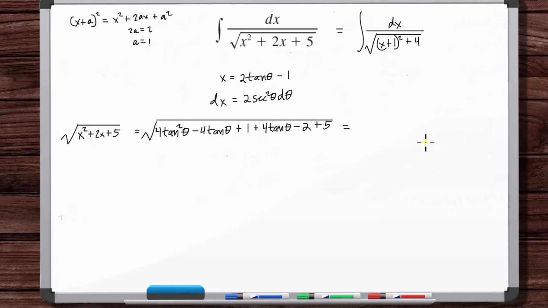All right. So 4 tangent squared theta minus 4 tangent theta plus 4 tangent theta, and then plus 1 minus 2 is minus 1, minus 1 plus 5 is 4.